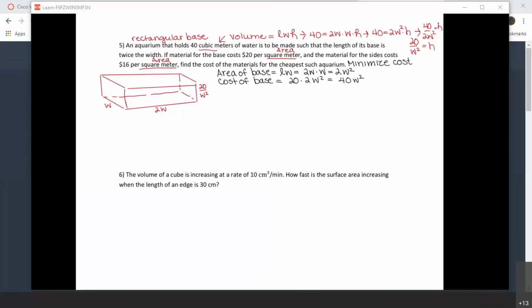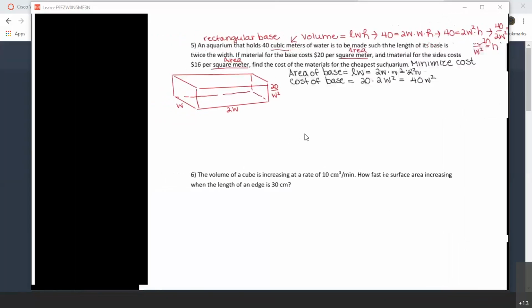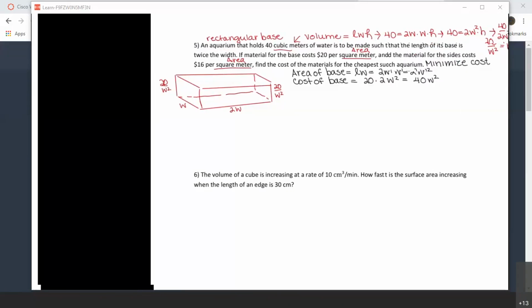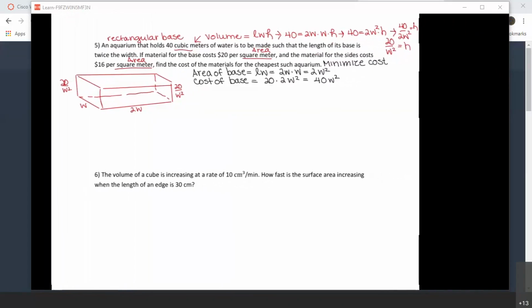Now, if you think about a rectangular box, the opposite sides are the same shape. So if you look at this side over here, this side is 20 over W squared by W, whereas this side is 2W by 20 over W squared. So you have to be able to kind of switch the figure around in your mind.